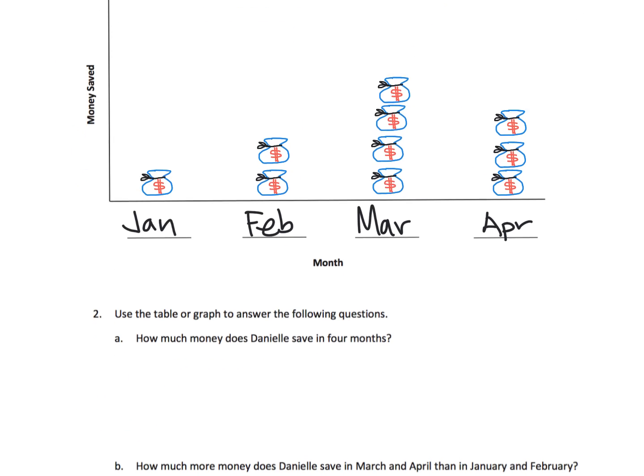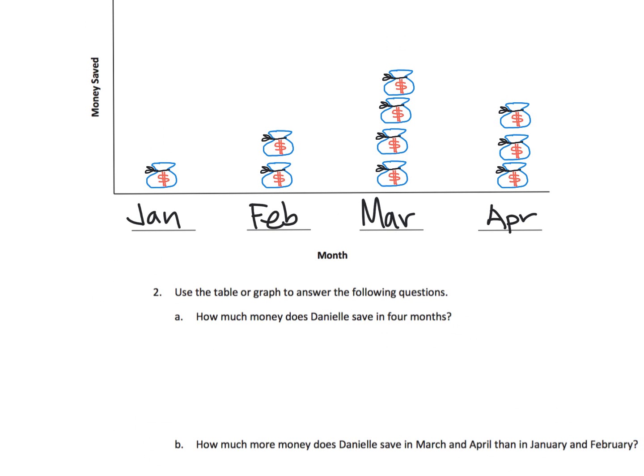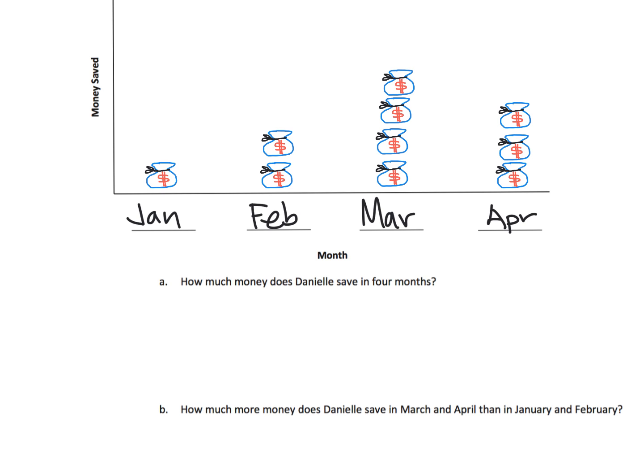So now that we have both our table right here, and we have our picture graph right here, we could use either of those tools to answer our questions. So the first question is, how much money does Danielle save in 4 months? Well, each one of these bags represents $9.